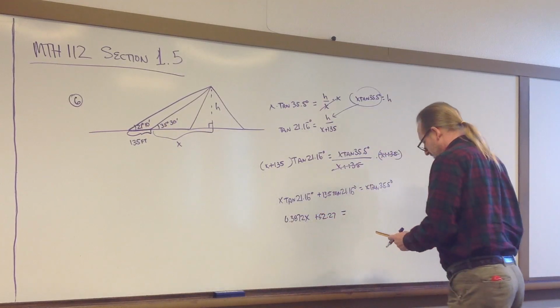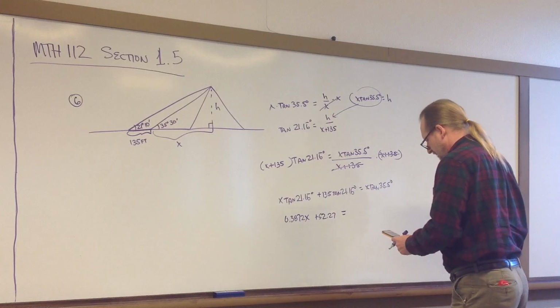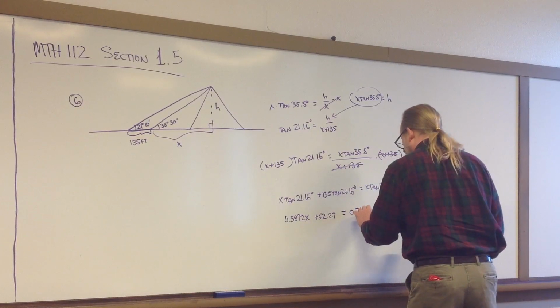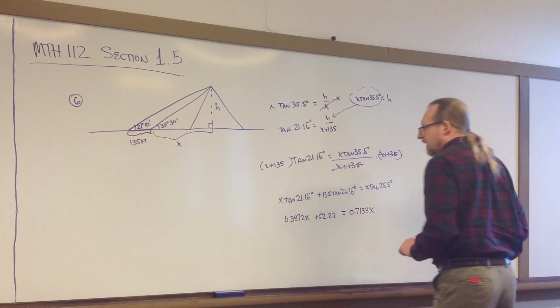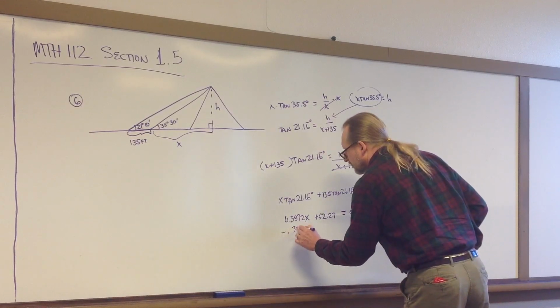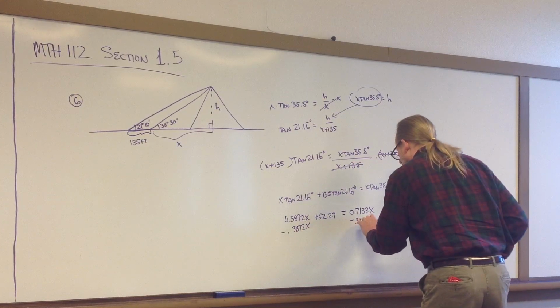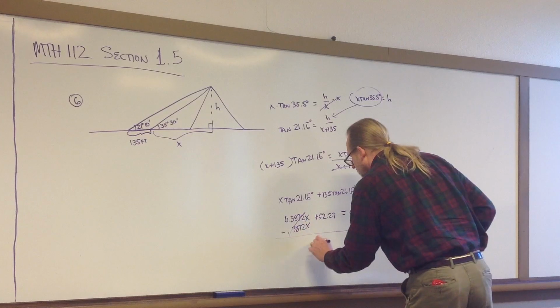And then over here, tangent 35.5, 0.7133x. So then subtract 0.3872x on both sides.